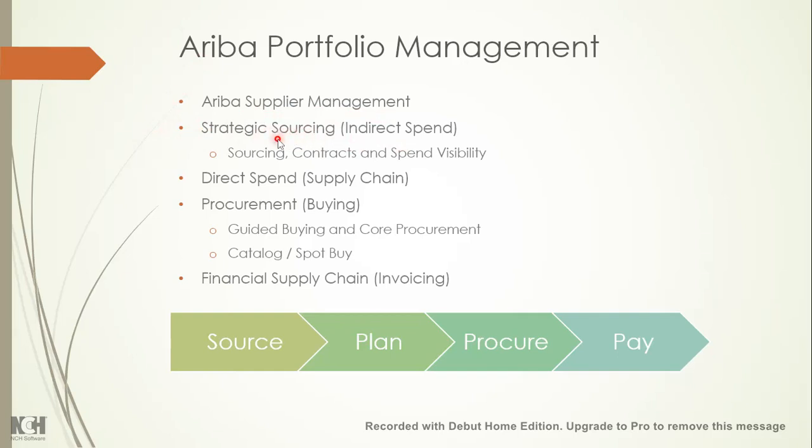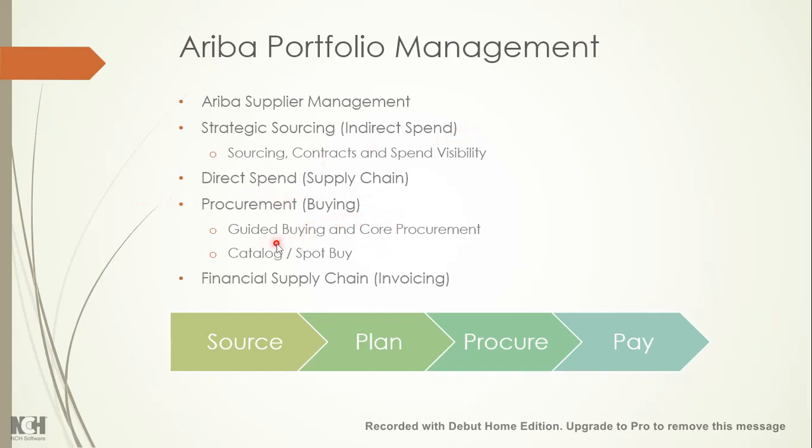And again, Ariba is another very core niche module where we don't have lots of consultants. If you want to get into SAP, you can think of this. It's very nice and you will get lots of projects to work on if you get a good understanding here. So direct spend, procurement, buying.